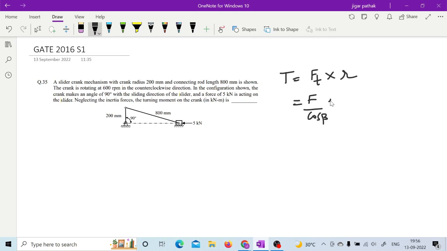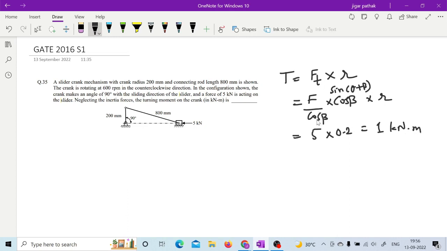And here this angle is 90, so sin theta plus beta will be converted into cos beta. That is why it is easier. F is given, R is with you, 0.2. So it will be 1 kilonewton meter.